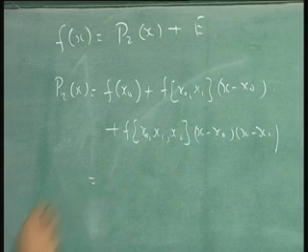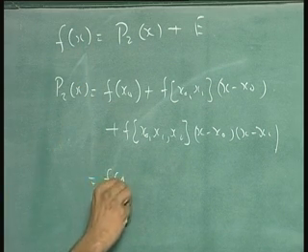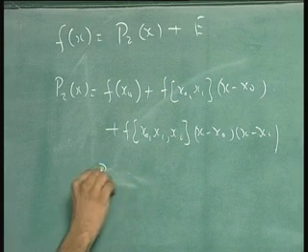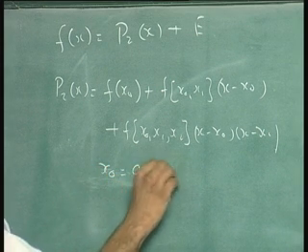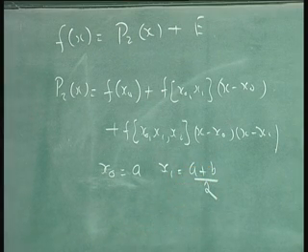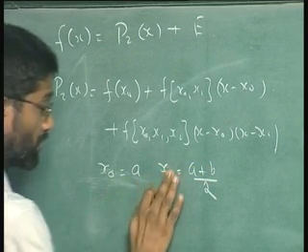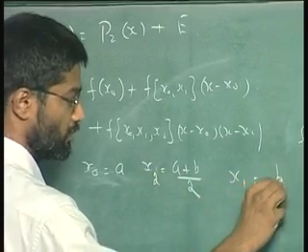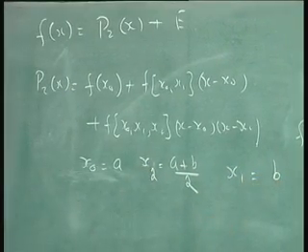So, that is the approximation to the function. So, f of a, we are choosing x0 to be a. So, x0 is a and sorry, x2 to be (a+b)/2, this is important. x1 is b. Okay, that is what we are going to use.